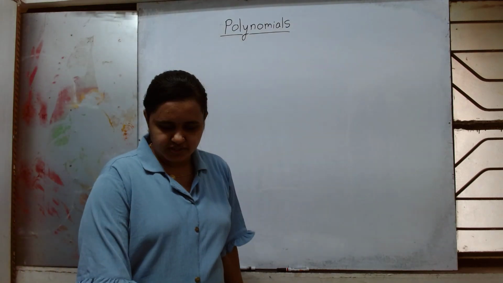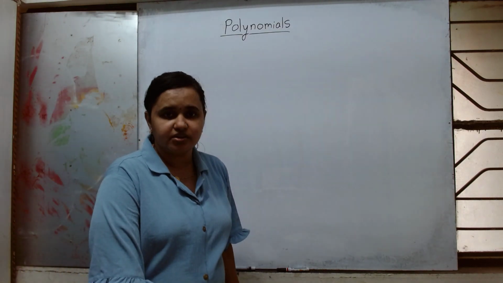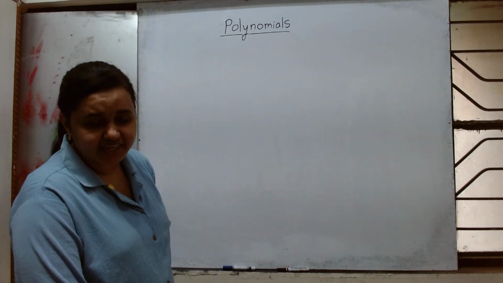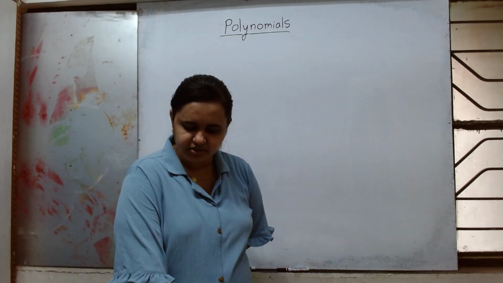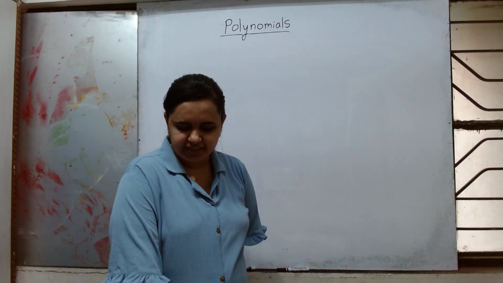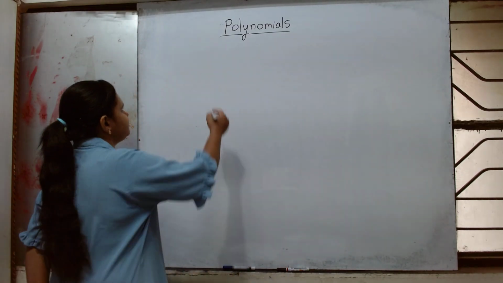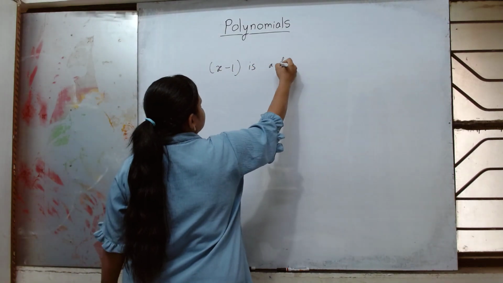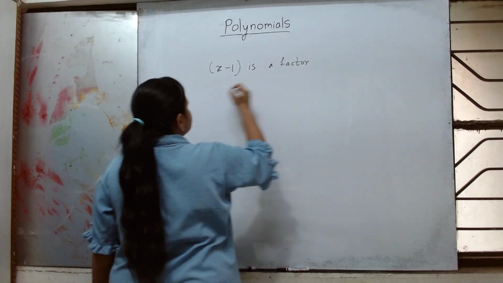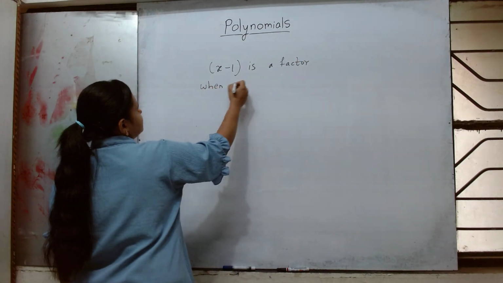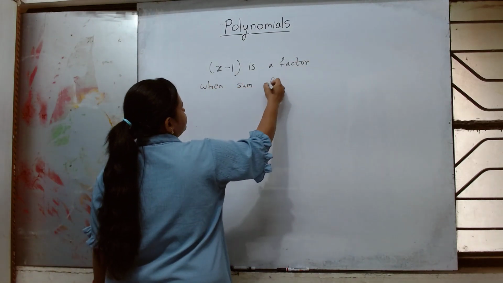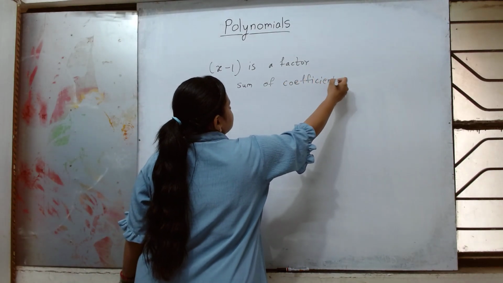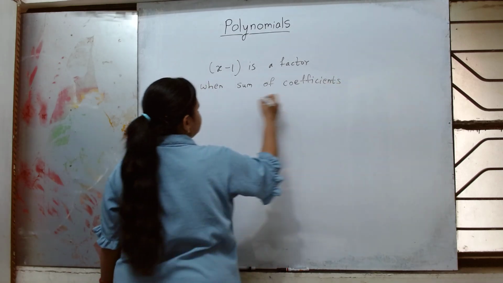Now the ninth one, the expression x minus 1 is a factor. Now we can check same page 14 note 1. We can check that x minus 1 is a factor when the sum of coefficients is 0.